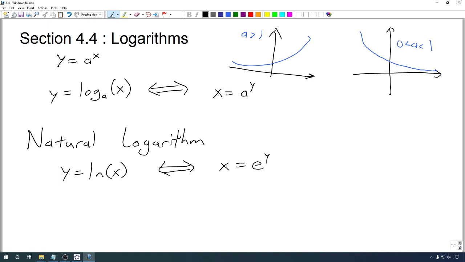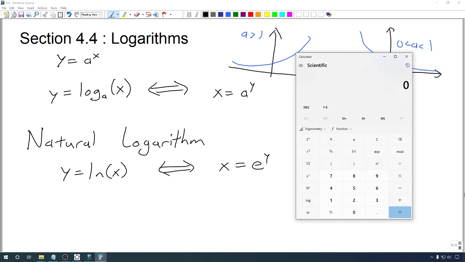Now, one thing to also note is that scientific calculators should always have a button for the natural logarithm. So that's this ln button down here. I kind of mentioned this before because that turned out to be connected to the e to the x button as well. It does also have a log button. I'm not going to talk too much about that. This is actually the logarithm base 10, sometimes called the common logarithm.